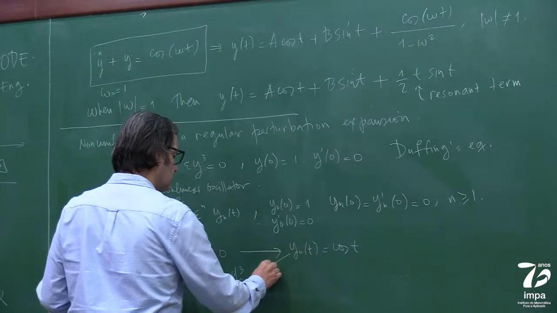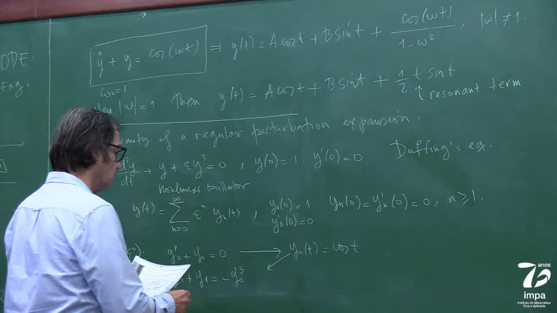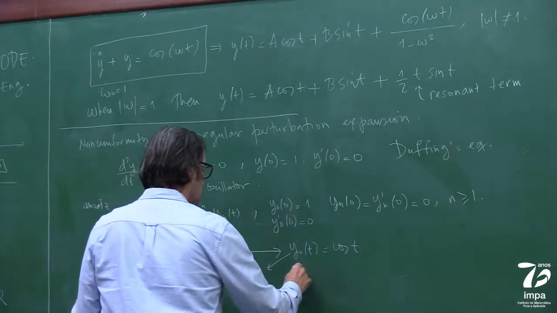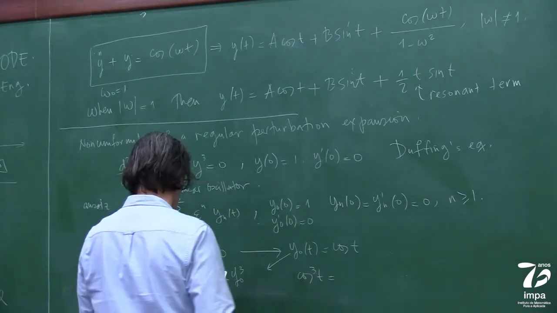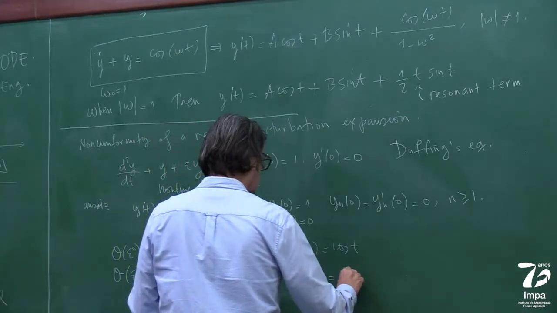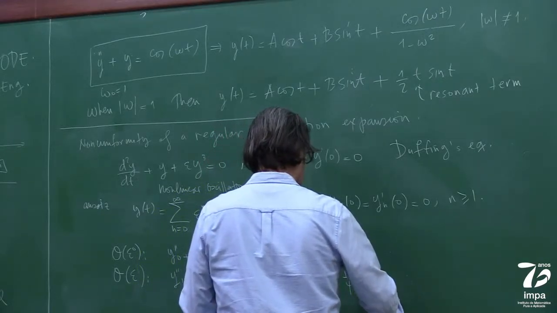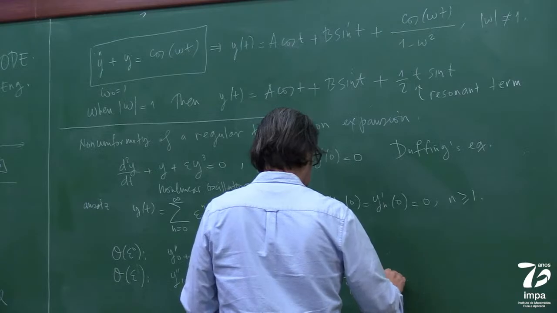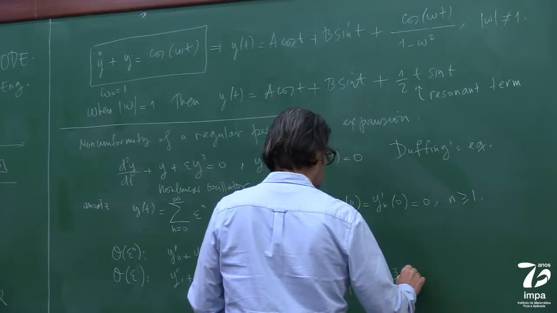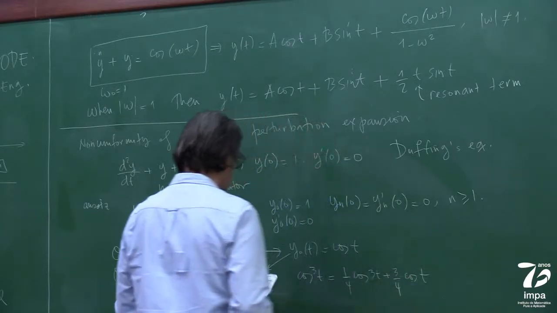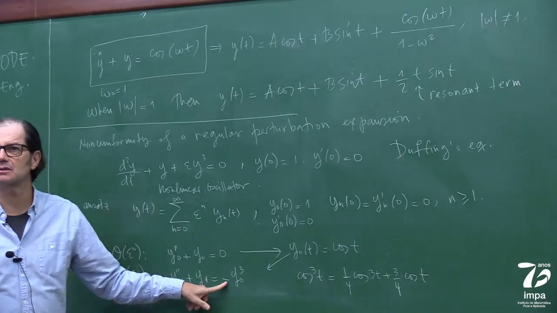Now look what happens if we want to solve this equation. If we plug this in here, this is going to generate a term where cosine cubed of t is going to be 1/4 cosine 3t plus 3/4 cosine t. The only thing here is I'm not putting the minus sign.